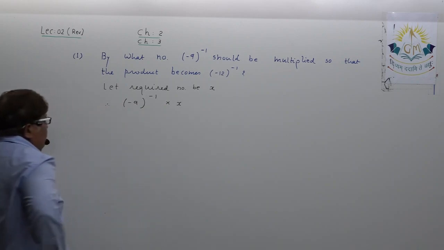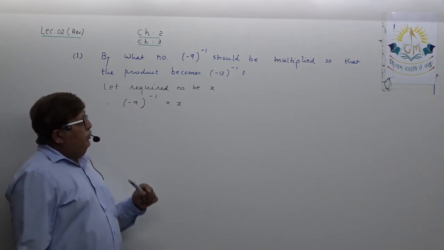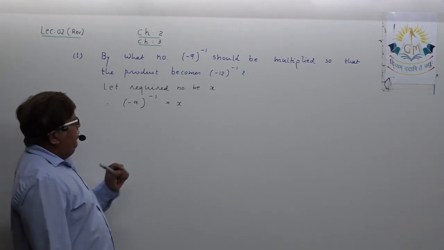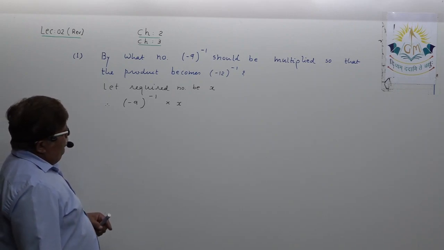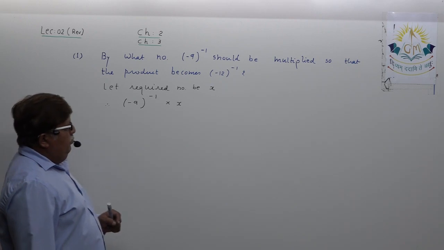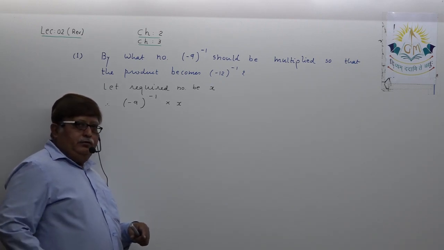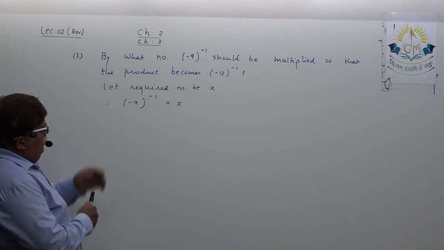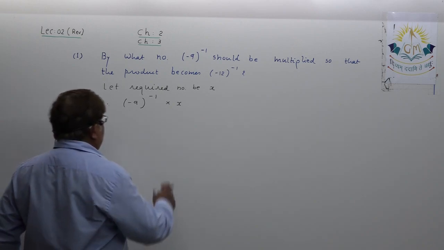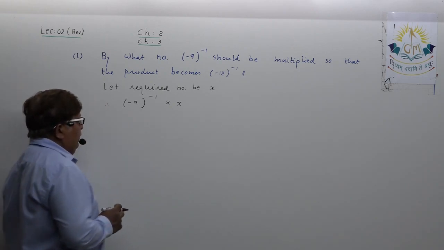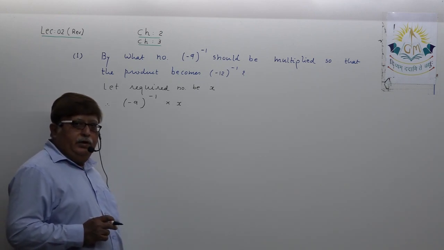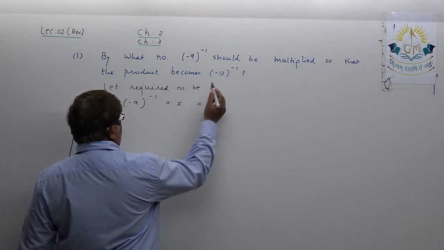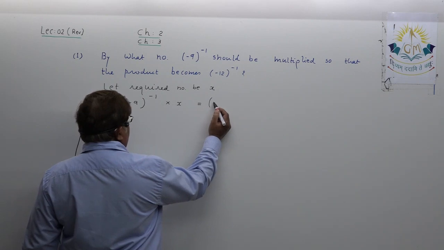So, see, dear student, by what number minus 9 raised to minus 1 should be multiplied so that the product becomes minus 12 raised to minus 1. Number is supposed minus 9 raised to minus 1 multiplied by x is equals to, what is the answer of the product?